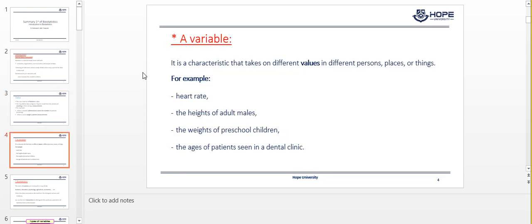What is a variable? A variable is a characteristic that can take different values, either in different persons, different places, or different things, so we say every data that can take different values is a variable. Examples of variables are heart rate, height of adult males, weight of school children, and age of patients seen in dental clinics.